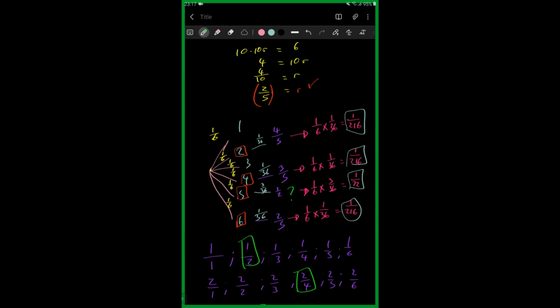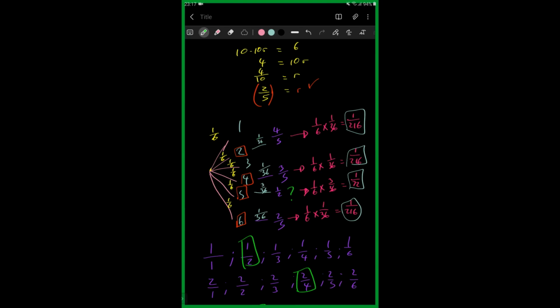But for those numbers to do that, the value of r has to be a specific value. So for this 2 to produce a sum to infinity of 10, this is what the value of r has to be, and there's only 1 out of 36 chances that we get that.